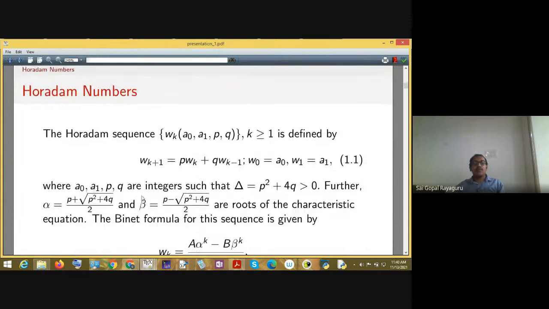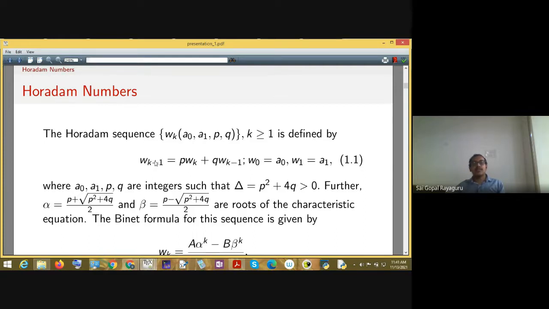So Horadam numbers are actually binary recurrence sequences. The Horadam sequence is a binary recurrence sequence defined by w_{k+1} equal to p times w_k plus q times w_{k-1}, with the initial terms w_0 as a_0 and w_1 as a_1. Here a_0, a_1, p and q, all of these four are arbitrary integers, and we can say these are the parameters which define this Horadam sequence.